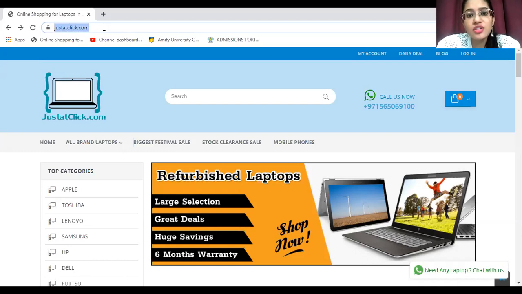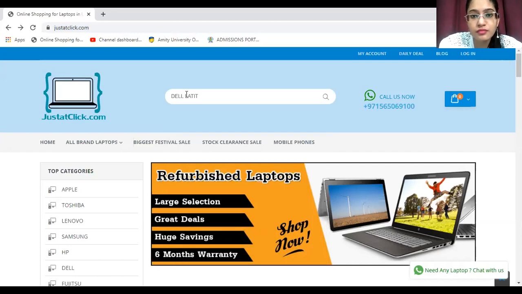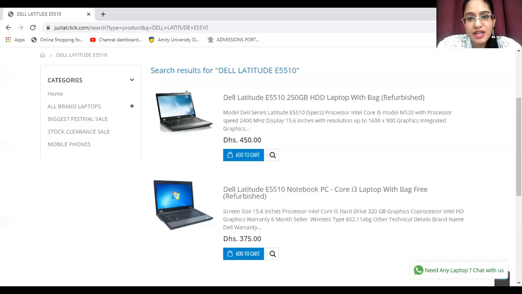Now let us search for this gadget in the search icon. That is the Latitude. So these are the results here. Dell Latitude E5510.